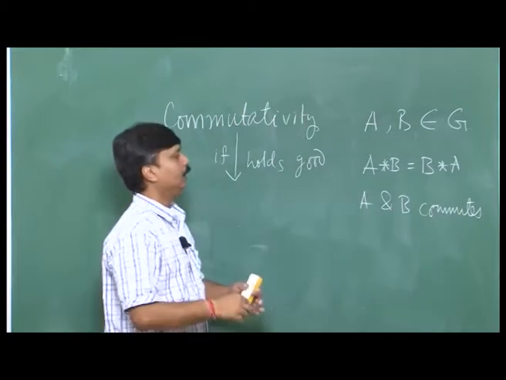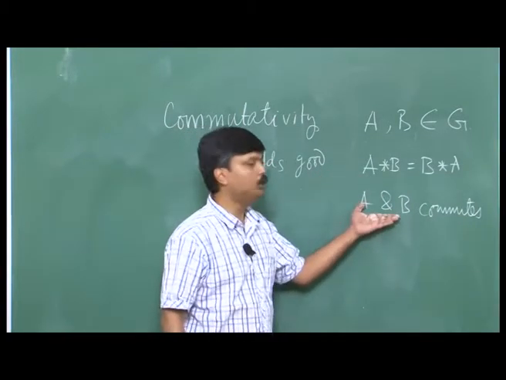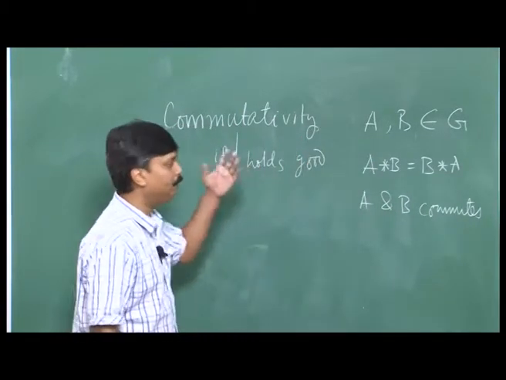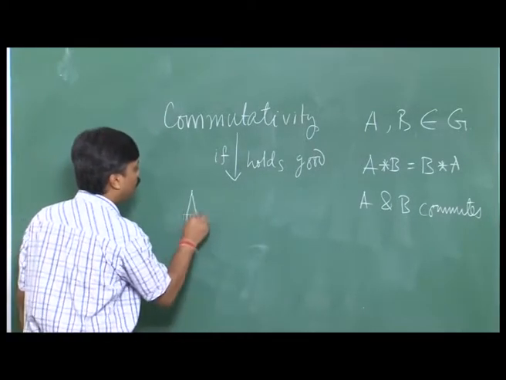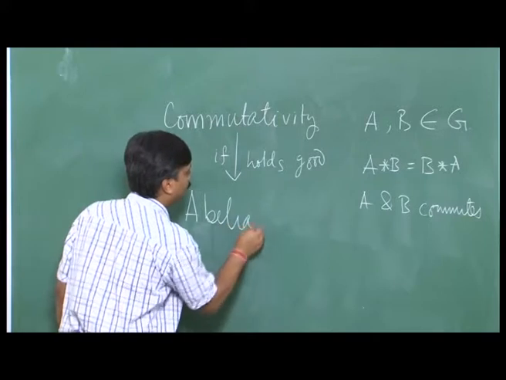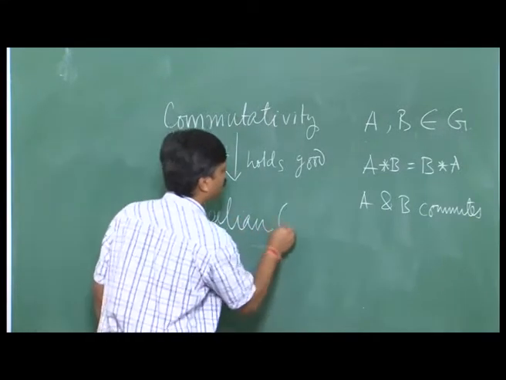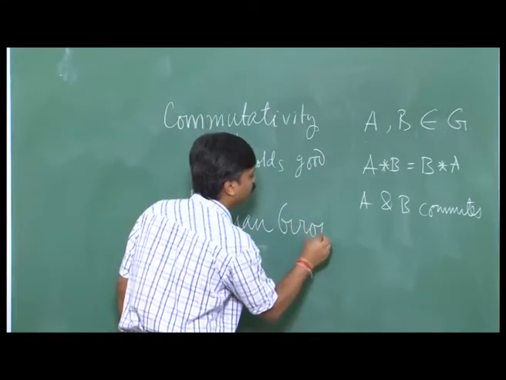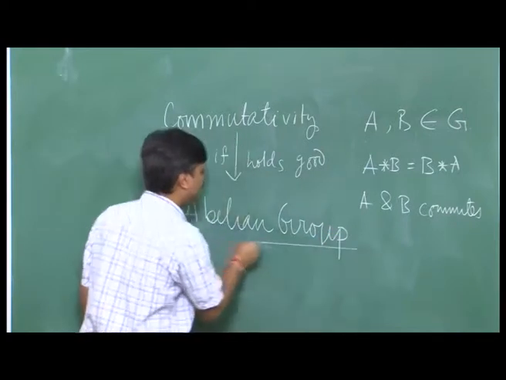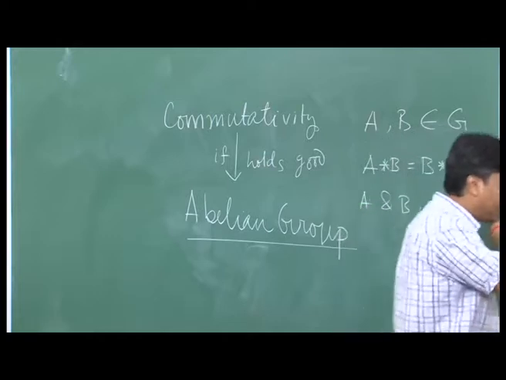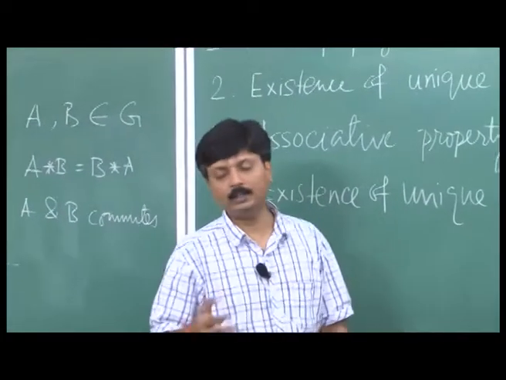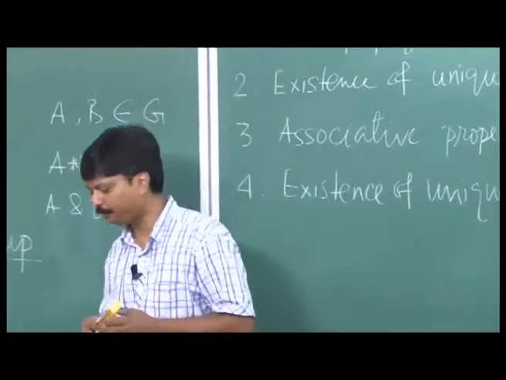So once this holds good for any elements A and B belonging to G, then that particular group is called an abelian group. So this is another very important type of group that we will come across. They have some unique properties and all.